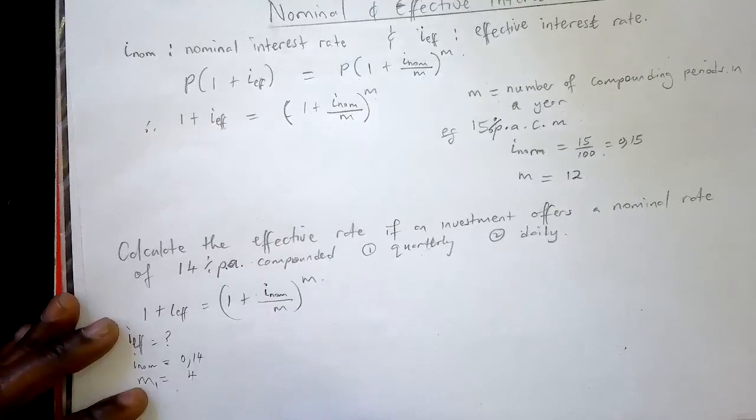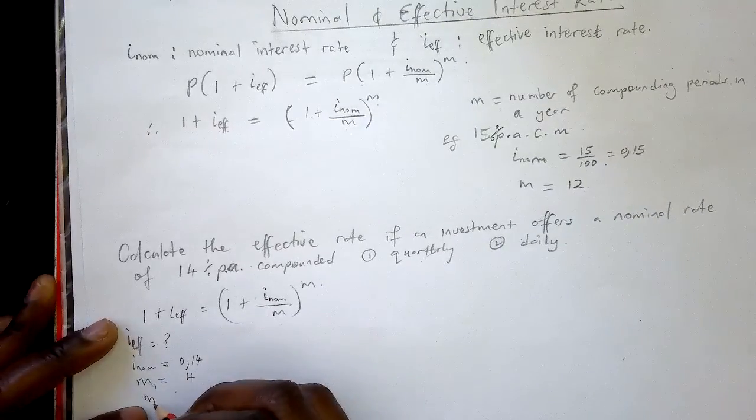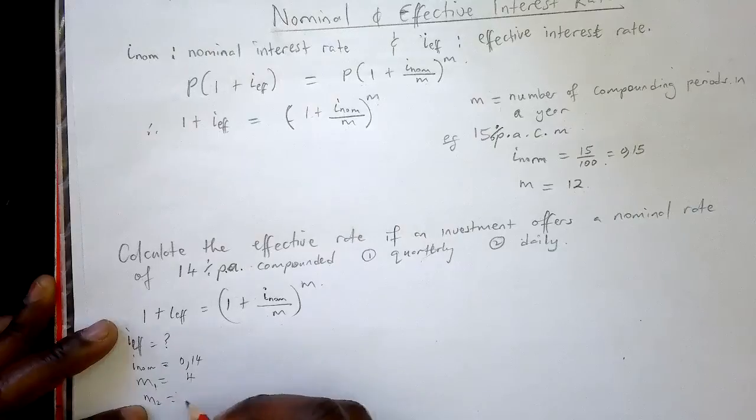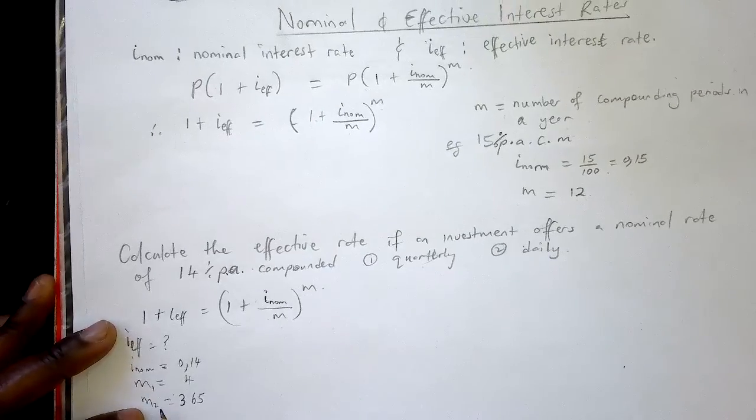Let me just put it like this so that you can see clearly. Then M2 for the second one is going to be 365, because we have 365 days there. That's all that we need.